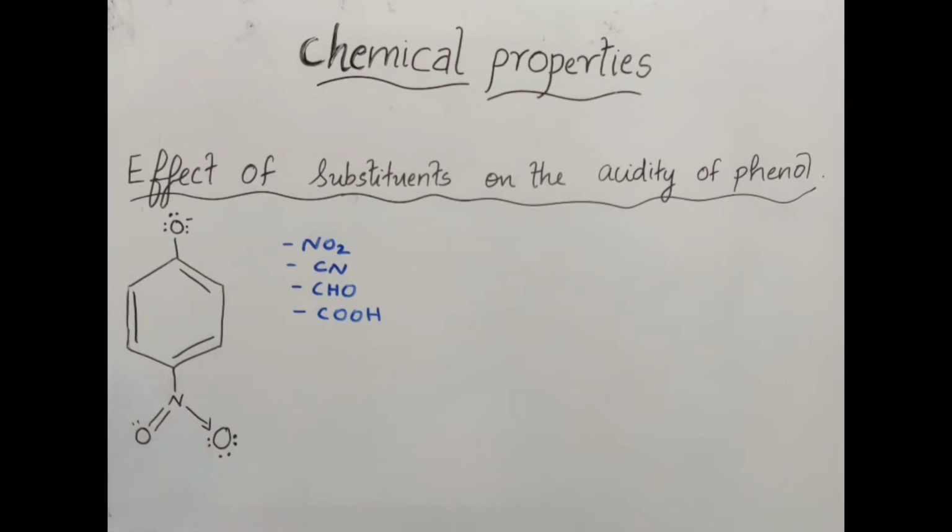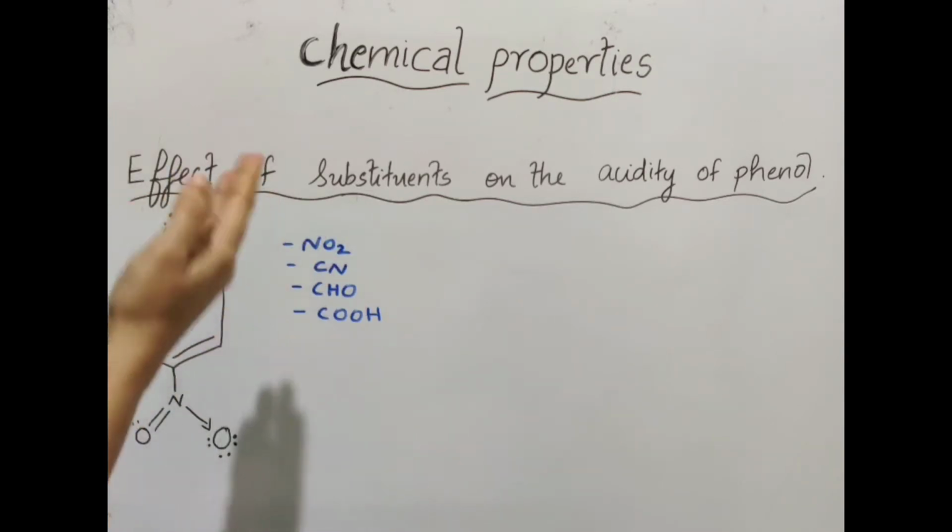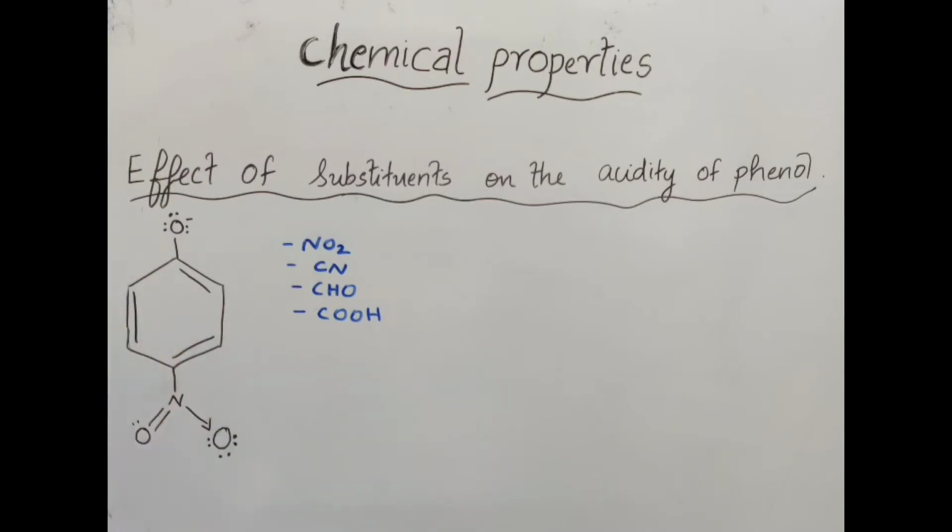That is, resonance refers to delocalization of electrons in a given system. But mesomeric effect is the electron donating or electron withdrawing nature of a substituent due to resonance. Okay. There are two types of mesomeric effect, plus M effect and minus M effect.